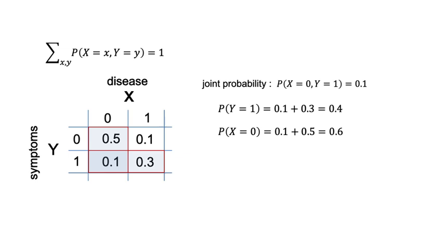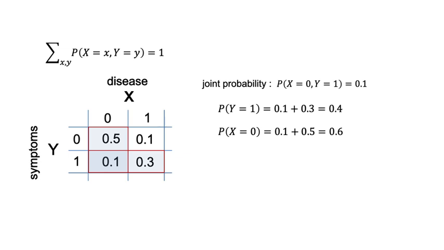So 0.1 and 0.5. That's the probability that x equals 0. We just add up the whole column. Likewise, we can do the probability of y equals 1. That's the whole row. 0.1 plus 0.3 equals 0.4.